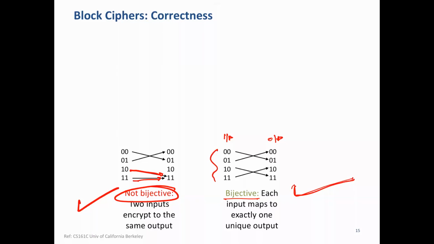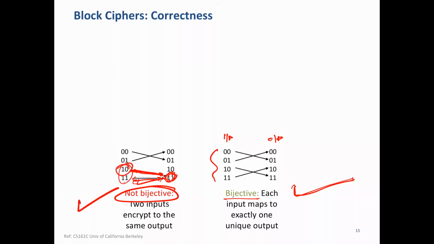So the reason is that now you have this function, right? Two inputs have been mapped to one output here. So when you do the reverse, it can go to either this one or that one. The two possibilities are there, which is not correct. It means that your input is changing. Suppose initially 1 0 is mapped to 1 1, and then in your reverse function there are two possibilities.